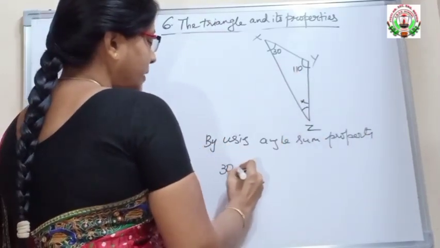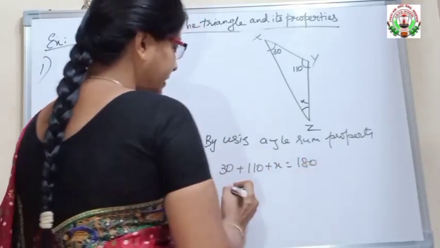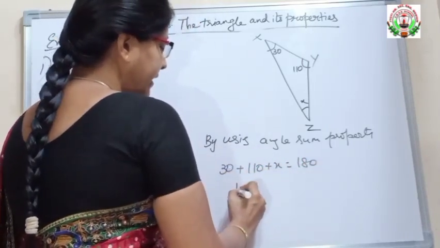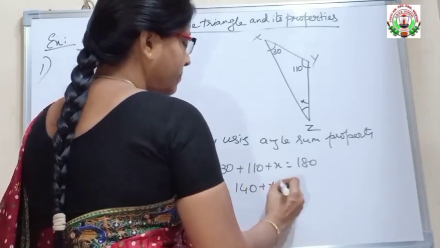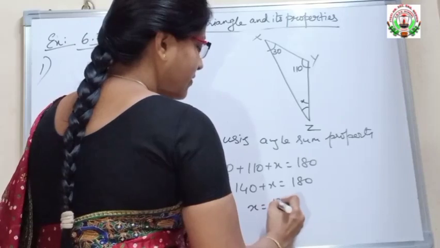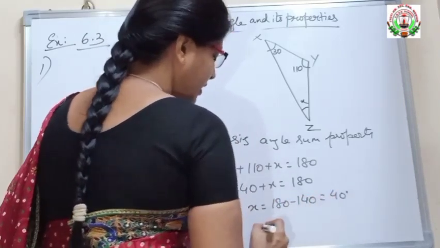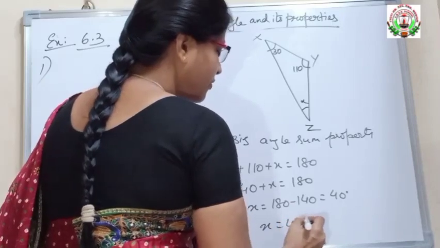So 30 plus 110 plus x is 180. So 30 plus 110 is 140, plus x is 180. X is 180 minus 140, that is 40 degrees. So x is equal to 40 degrees.